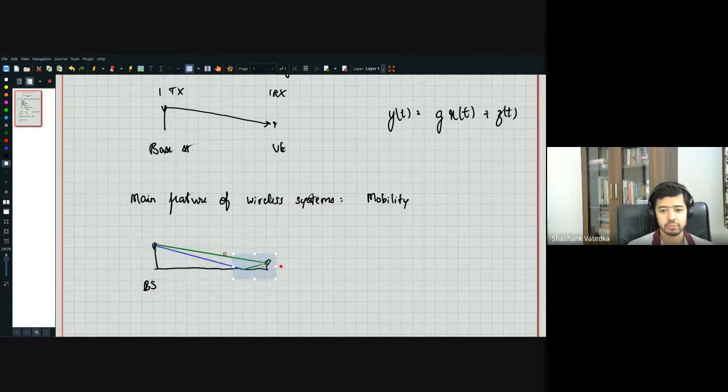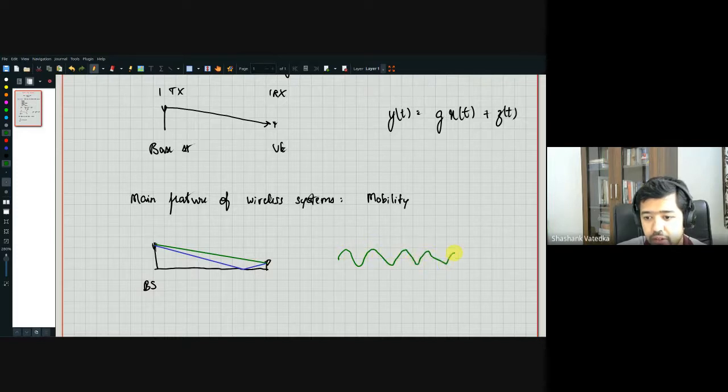So in other words, this second component, let me mark this in blue. The blue component can potentially cause destructive interference, or maybe constructive interference at the receiver, right? So the blue component interferes with the green component, because maybe there is a certain number of wavelengths traveled by the green component along this path, whereas the distance along the blue component could be a different number of wavelengths.